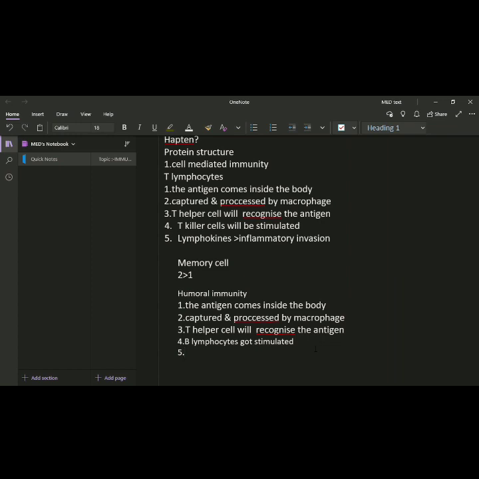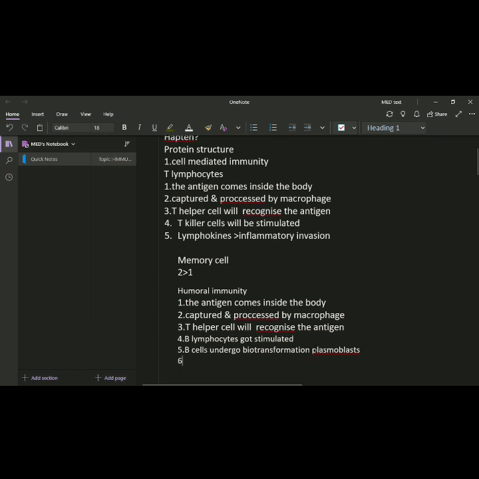It will produce antibodies with the proliferation of plasma cells. But before that, the B cells or B lymphocytes will undergo transformation. As a result, plasmablasts are formed. These plasmablasts undergo clonal proliferation.